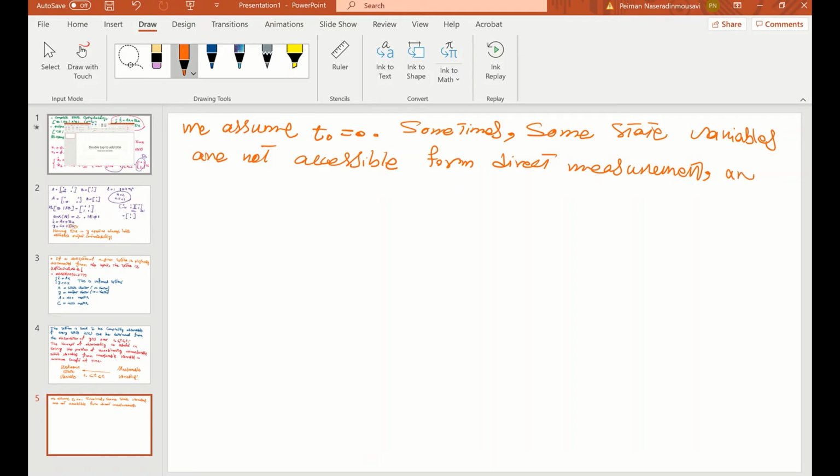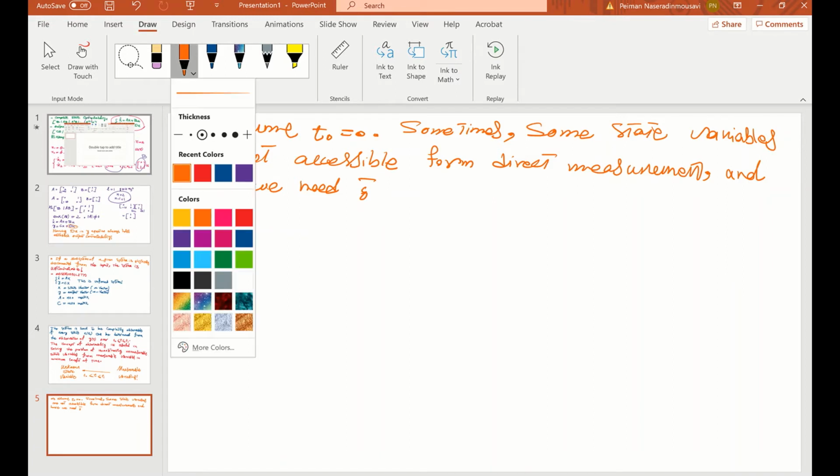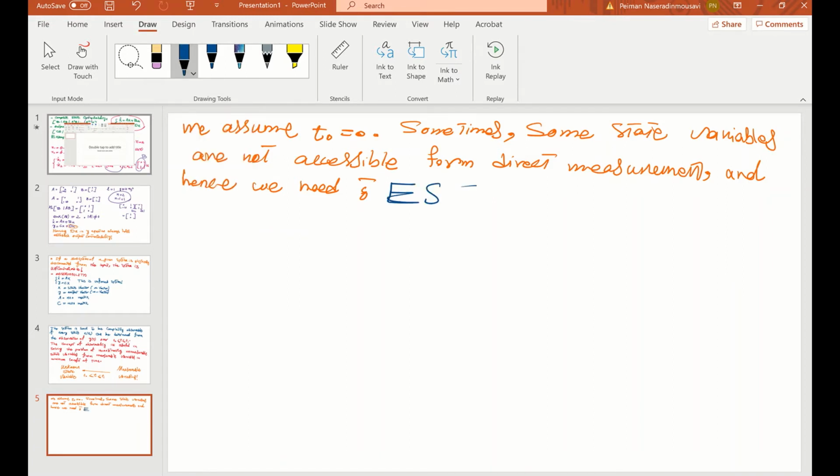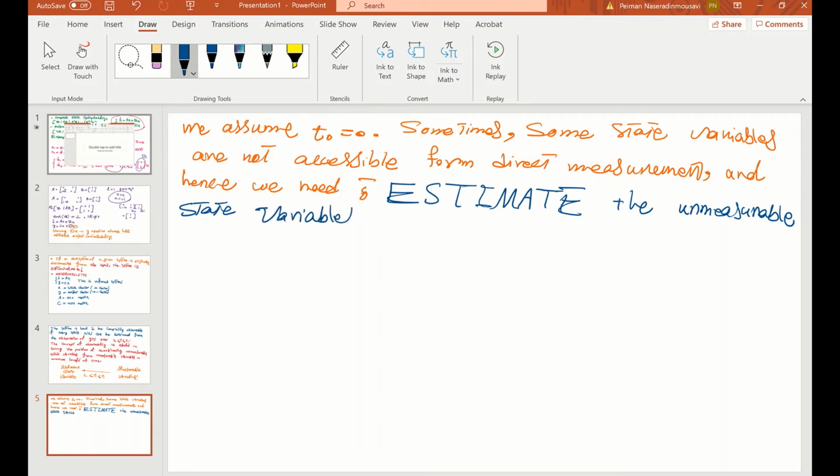Can you guess it? And hence we need to estimate the unmeasurable state variables to make the control signal.